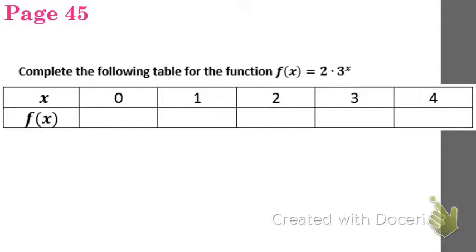Okay, so our first example, they give us an exponential function, and we have a table that we can fill out. So first thing that should jump out at us is x equals 0. So x equals 0, that means starting point. So what is our starting point in this function?